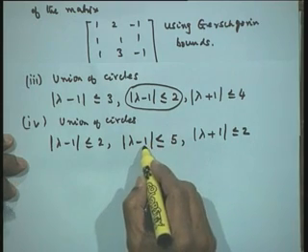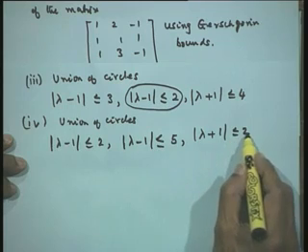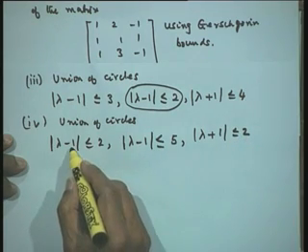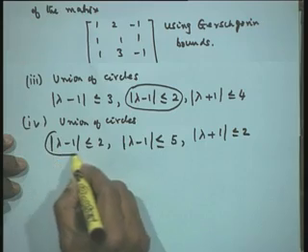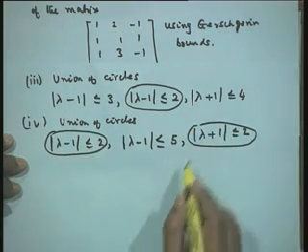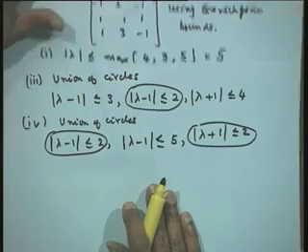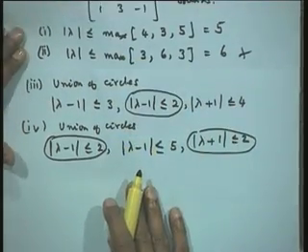This middle one is a circle with center at 1 radius 5, while this is center minus 1 radius 2, and this is center 1 radius 2, both of them are contained in this one. So, these two bounds we need not even consider because they are contained in this. Now, finally, we need the intersection of all these 4.